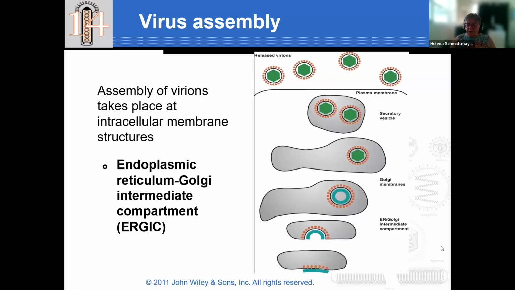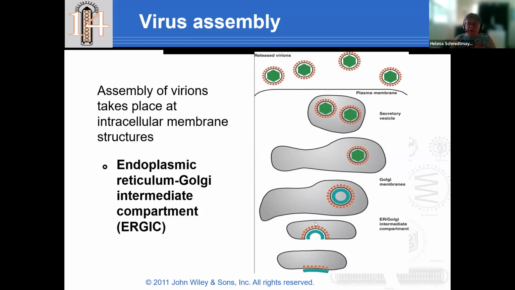Now, once the genomic RNA is synthesized, we know that those spike proteins are targeted to the ER membrane, and the M protein helps to bring the nucleocapsid. So it's very important for assembly.